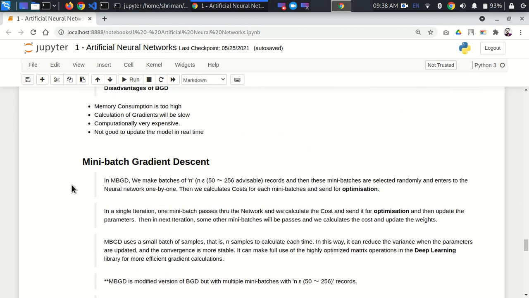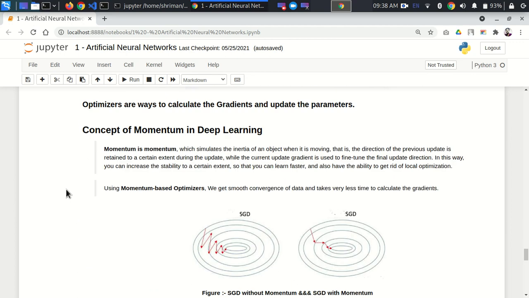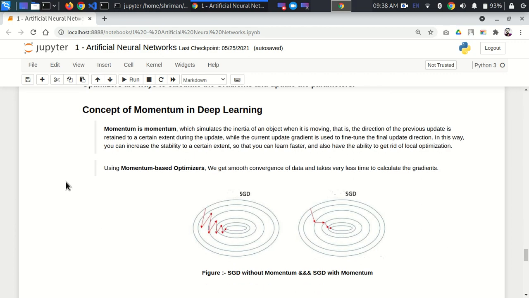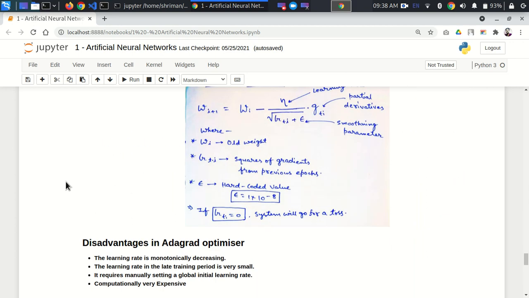We will also look at the concept of momentum, what it is, how we use it, and what benefits it gives. I'm going to explain everything in a very detailed manner, so just wait for future classes.